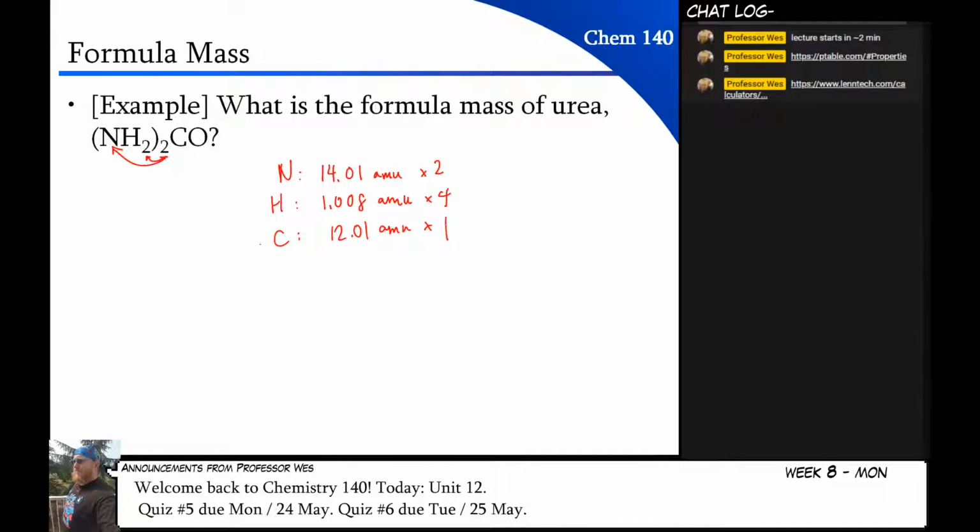I only have 1 of those. And oxygen is 16. I have 1 of those. So now I gotta multiply this by 2. I gotta multiply this by 4. And then add all the results together and deal with sig figs and just, ugh. I don't want to. There's gotta be an easier way.